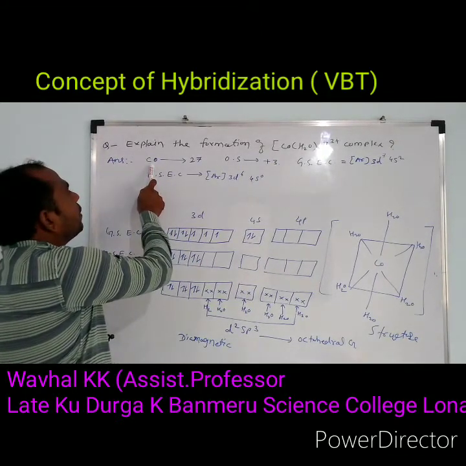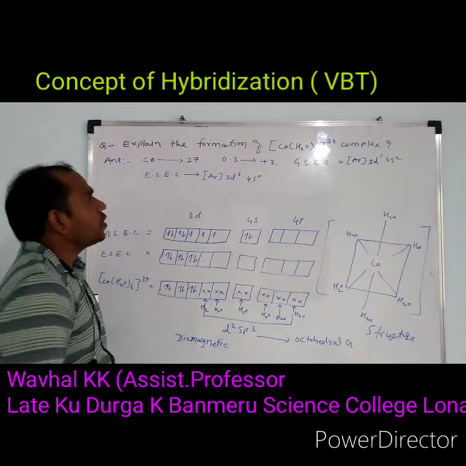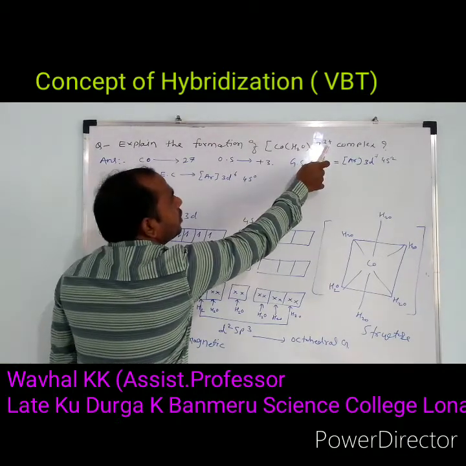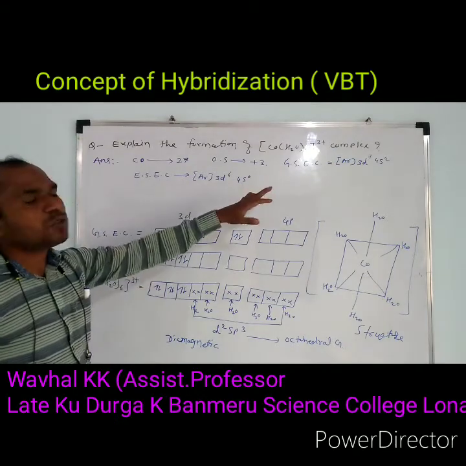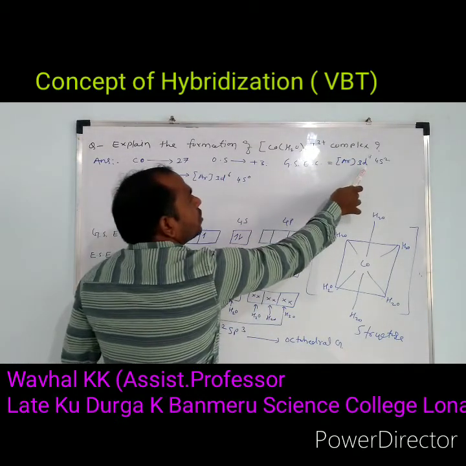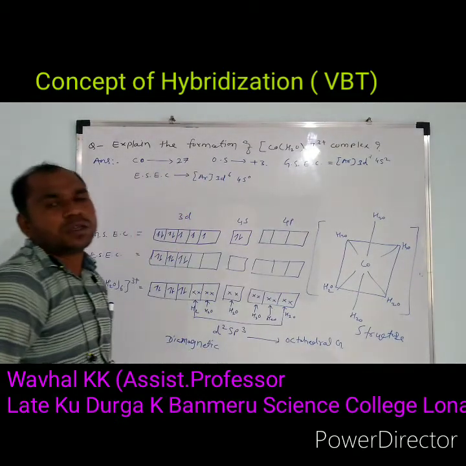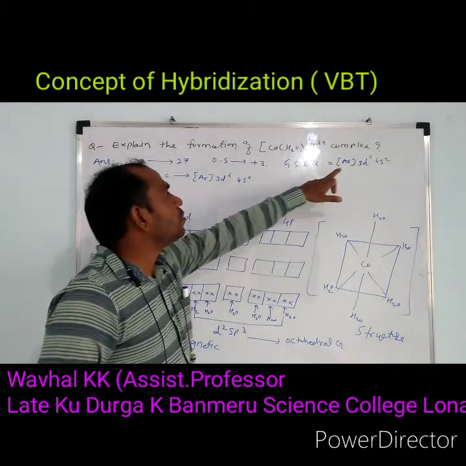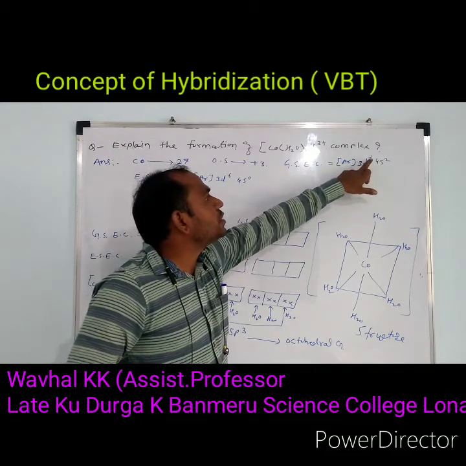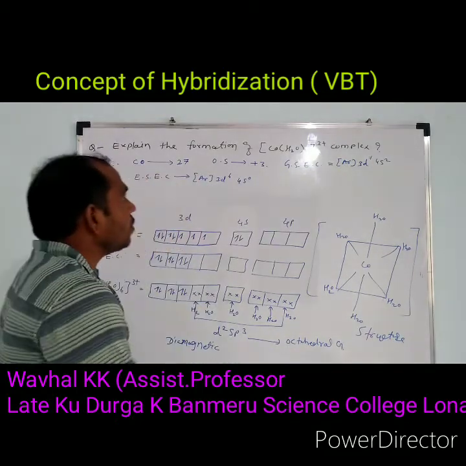The atomic number of cobalt is 27. The oxidation state of cobalt is +3. The ground state electronic configuration of cobalt is argon 3d7 4s2, because 9 electrons are present in the outermost shell.